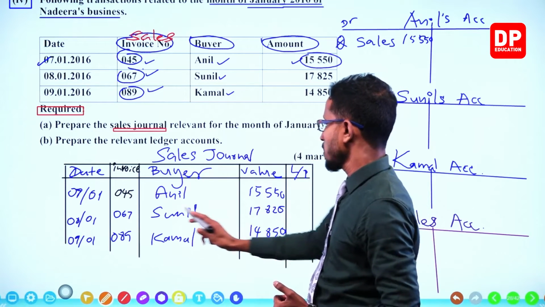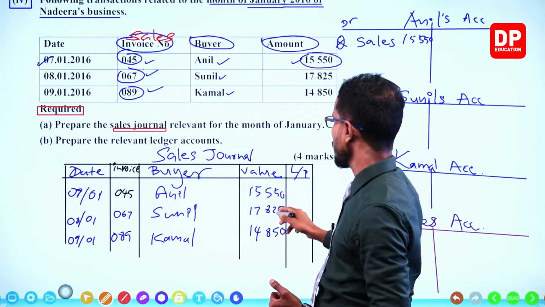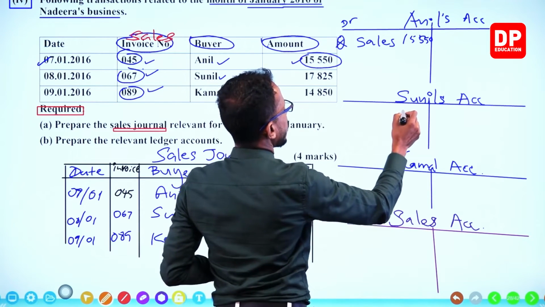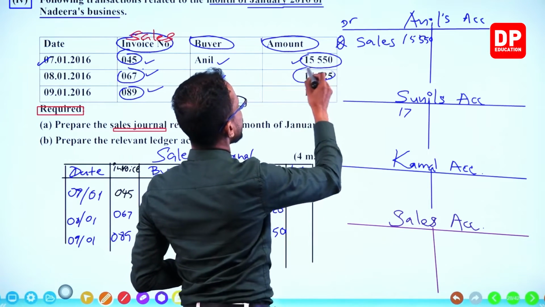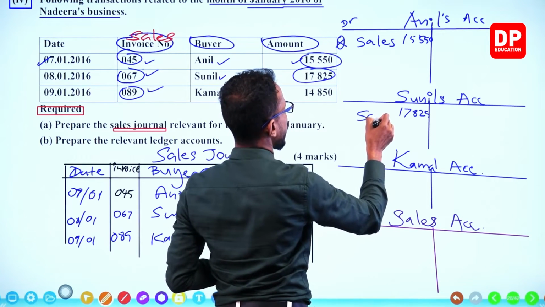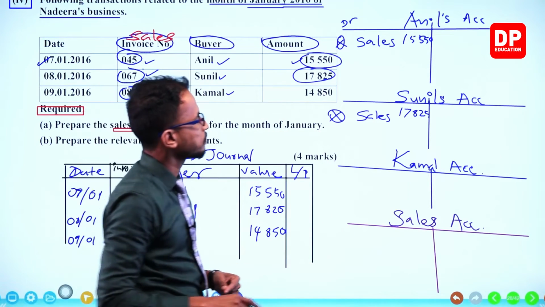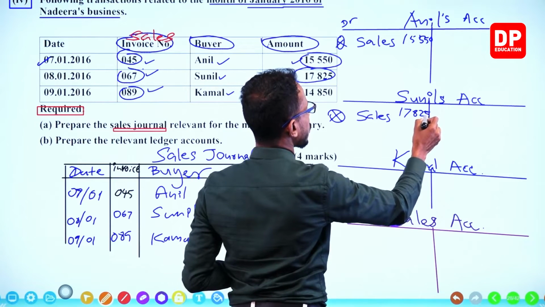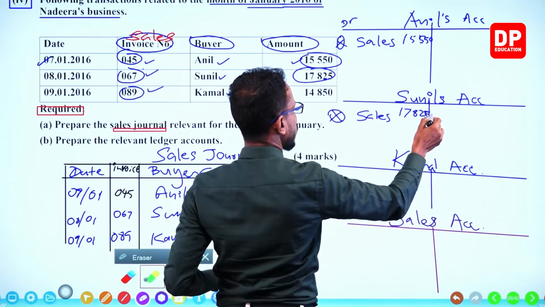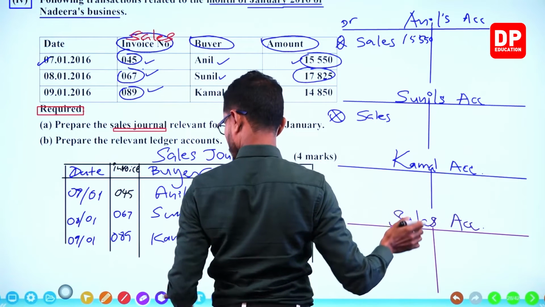Sunil, 8th January, 17,825. Should go to Sunil's account. Sales. Mention the date. It's clear, right?